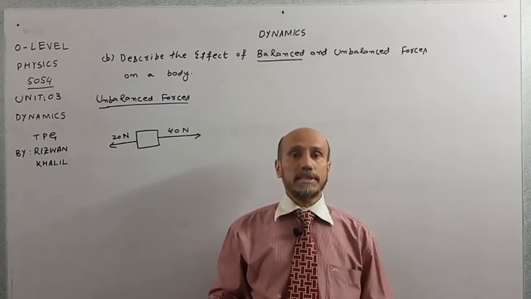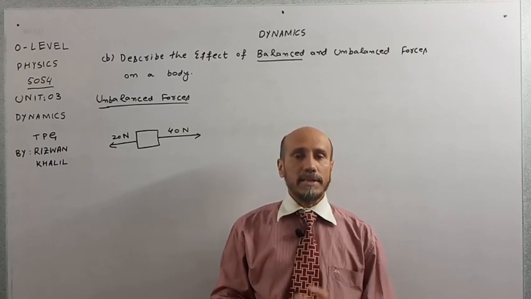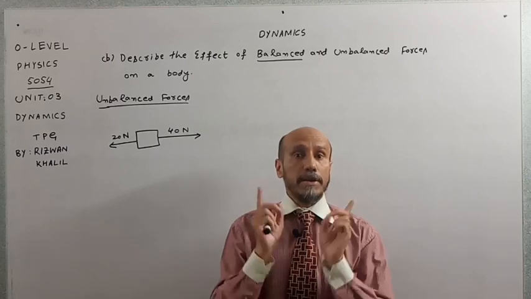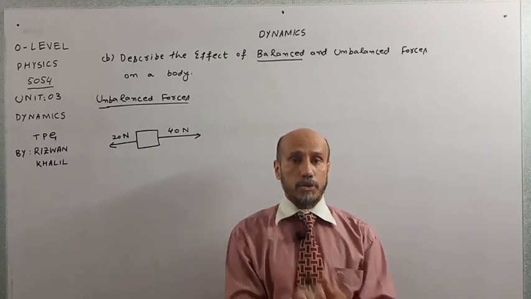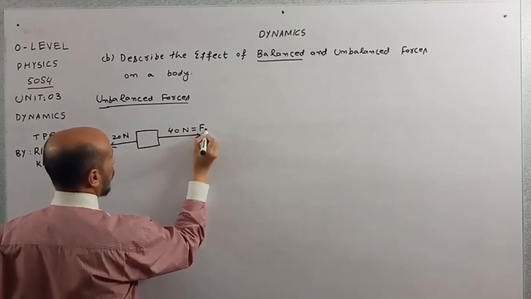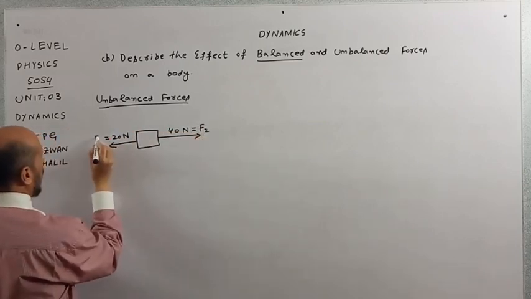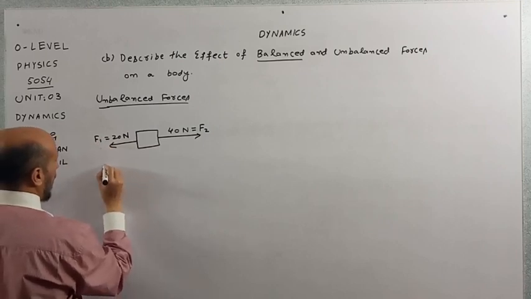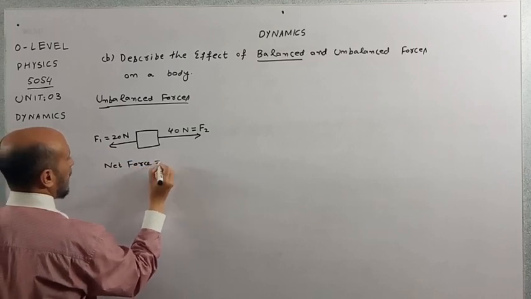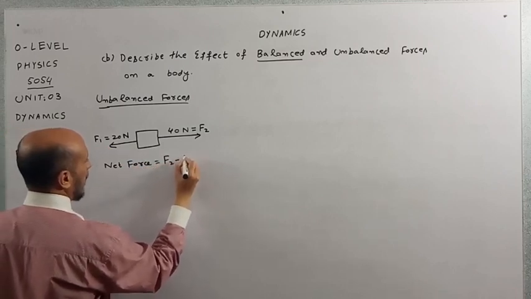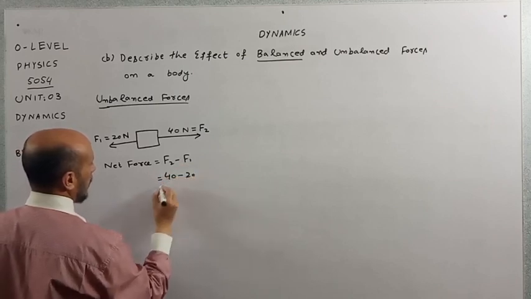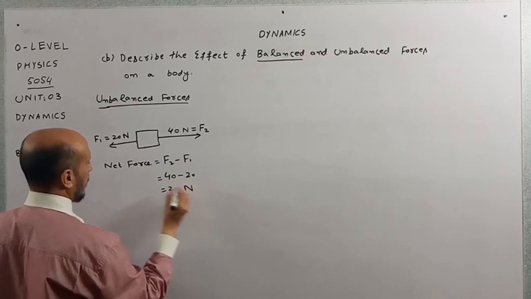No, these forces cannot be balanced forces. What is the reason? Because the forces are in opposite directions but not equal in magnitude. So if I consider this force as F2 and this force as F1, then definitely net force or total force will be equal to F2 minus F1, that is equal to 40 minus 20, which is equal to 20 Newton.